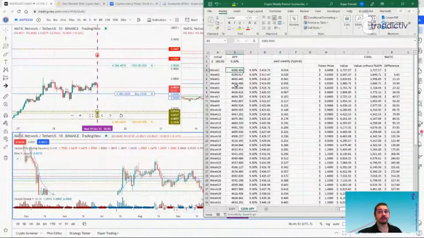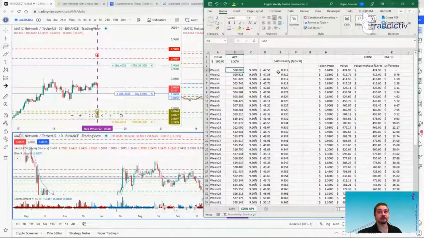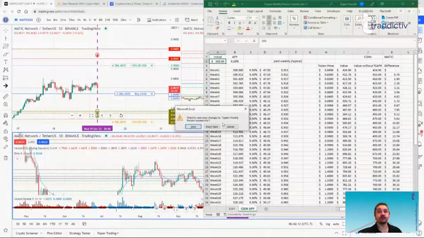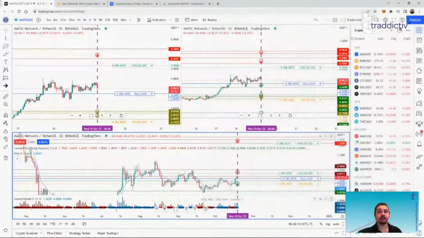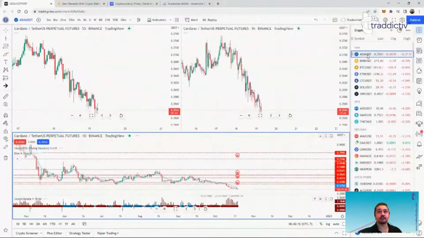So that's how many shares we bought. And at 9.5%, that's going to be a different story. So I'm going to clean this up so everybody's on the same page, because we did have an initial investment of $500.